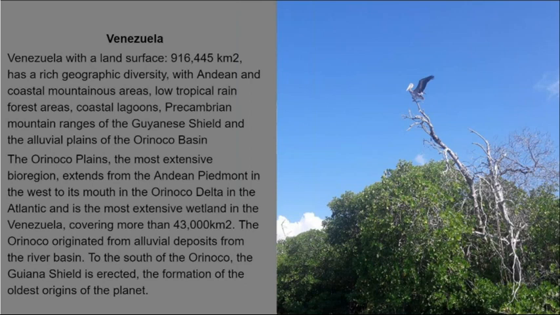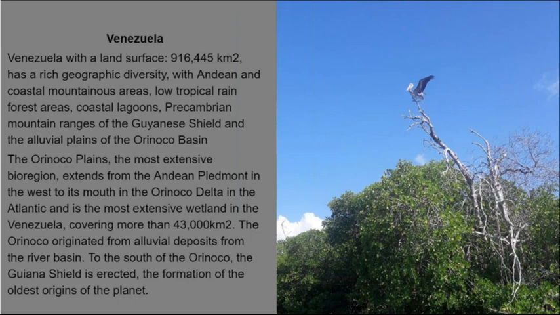Venezuela, with a land surface of 960,445 square kilometers, has a rich geographic diversity with Andean and coastal mountainous areas, low tropical rainforest areas, coastal lagoons, the Precambrian mountain range of the Guyanese Shield, and alluvial plains of the Orinoco Basin.